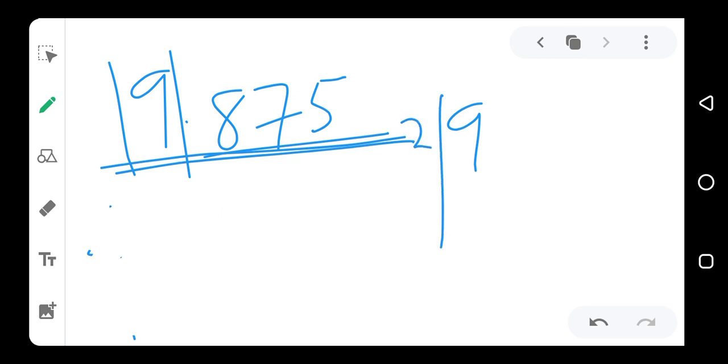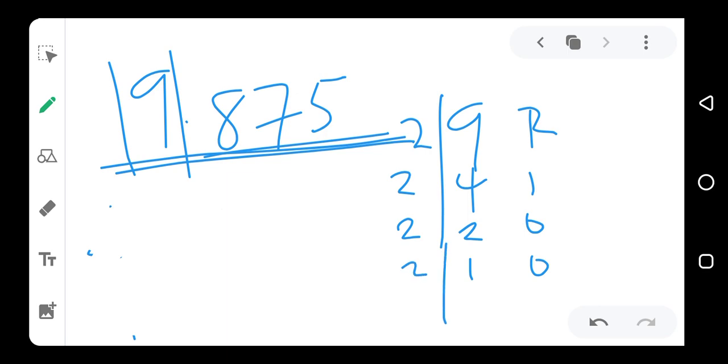We have 4 remainder 1, 2, 2 remainder 0, 2, 1 remainder 0, and then 2, 0 remainder 1. We count down up, so we have 1, 0, 0, 1. This represents 9, that is the whole number.